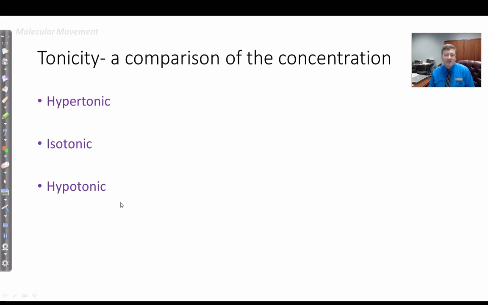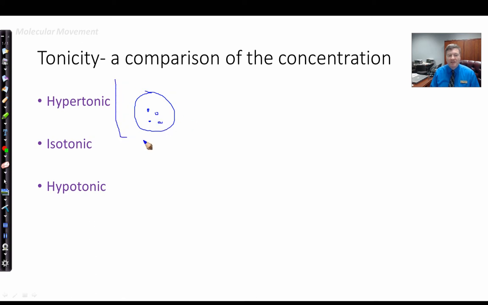Okay, so now this brings us to a topic that does tend to bother people, tonicity. Tonicity refers to a comparison of the concentration on either side of a membrane. So what we mean by that is, in a hypertonic solution, let me draw this for you. If I have a cell that's in a hypertonic solution, so that means it's got some solute inside of it, but let's say it's in a tube, and this tube has lots and lots and lots of solute in it.